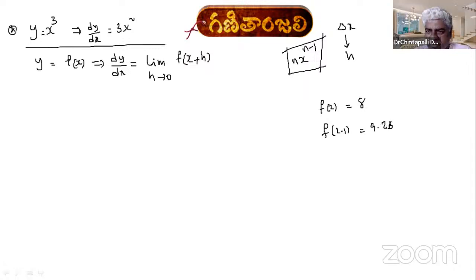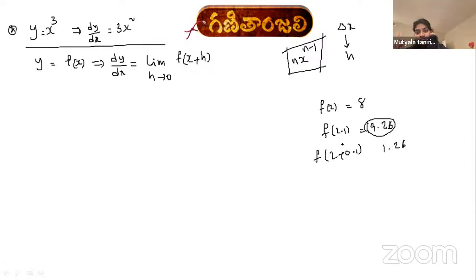You answered one question as 1.26. How did you get that value? 8 is subtracted from 9.26. f of 2.1 is f of 2 plus 0.1. So 8 is subtracted from 9.26 to get 1.26.